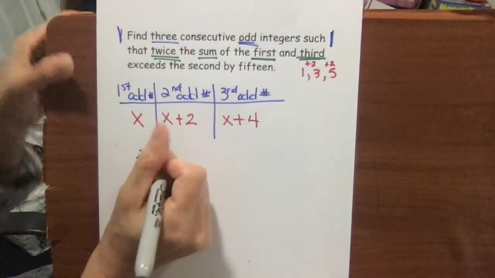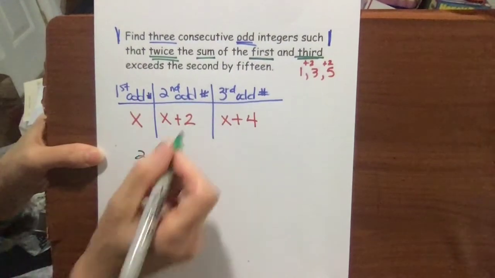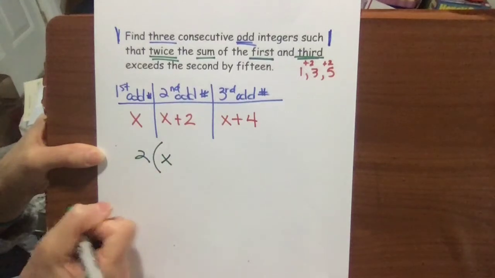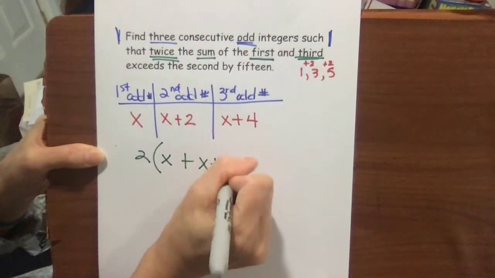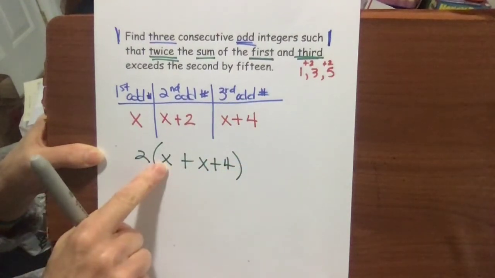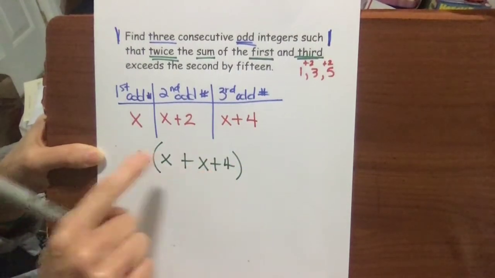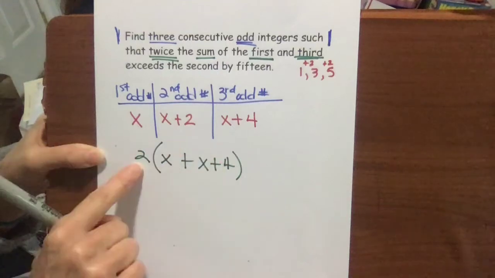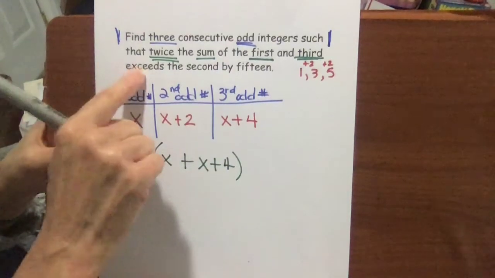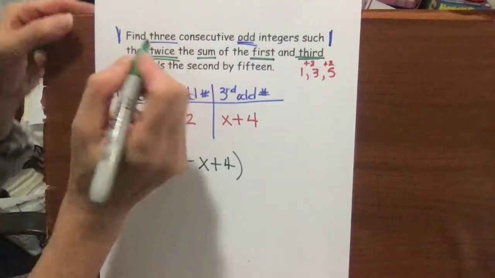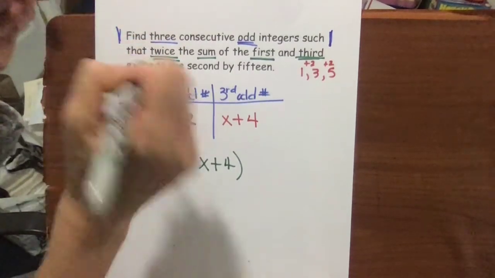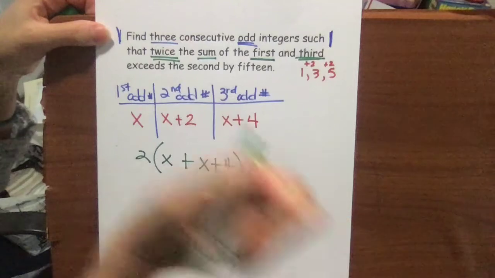So 2 times, and we're going to add up the first number and the third number. That's our first number. This is our third number. We're timesing all of that by 2. Exceeds means it's more than, exceeds the second number by 15.